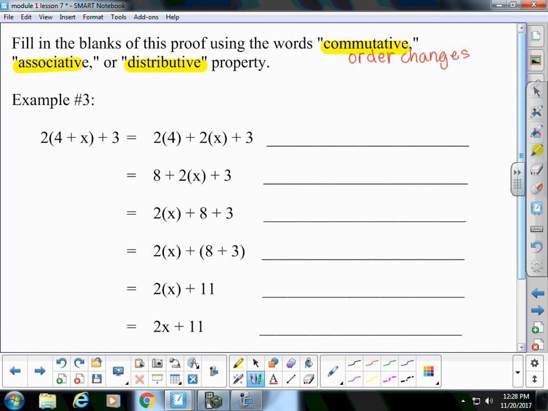Associative, you want to look for grouping. Sometimes it's grouping or ungrouping. And distributive, remember that's when it's something like A times B plus C, and then distributing it.